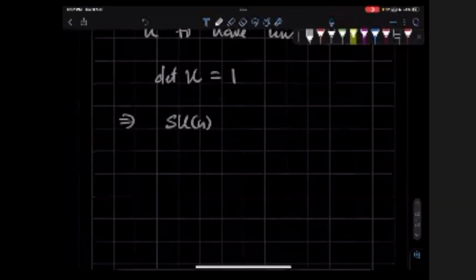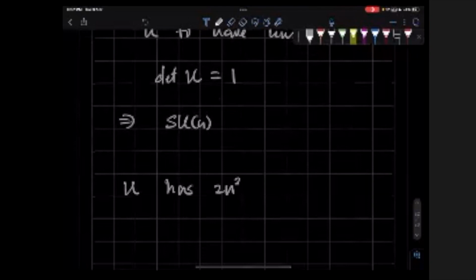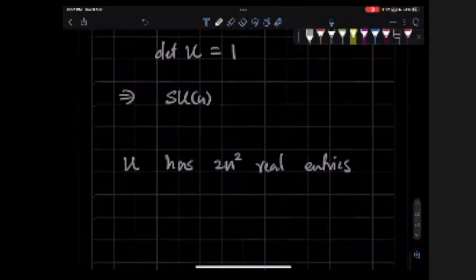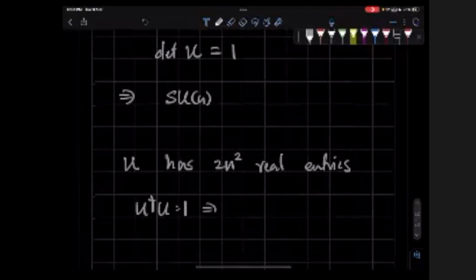So U has 2n squared real entries, or n squared complex entries. And you can show that U dagger U equals 1 gives you n plus n times n minus 1 real conditions, okay?